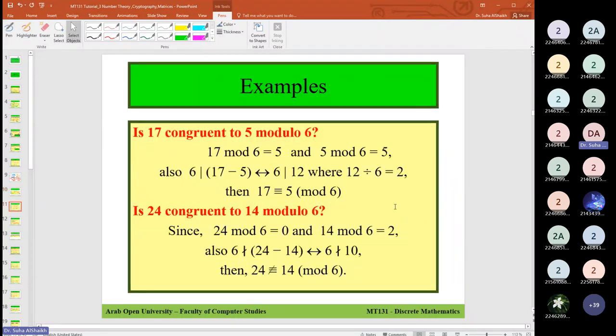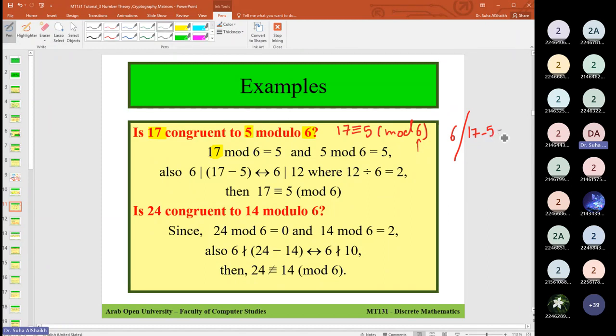Now here we have two examples. We have 17 is congruent to 5 modulo 6. We write it like this: 17 is congruent to 5 mod 6. So this means that 6 is dividing the difference between 17 and 5. What is the difference between 17 and 5?